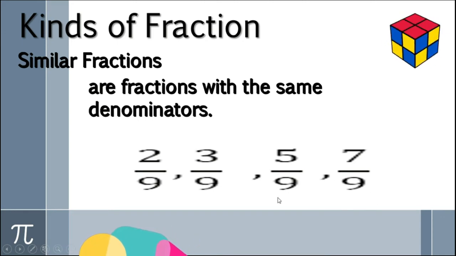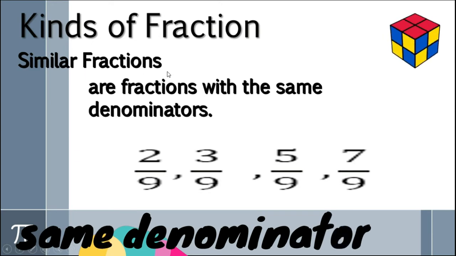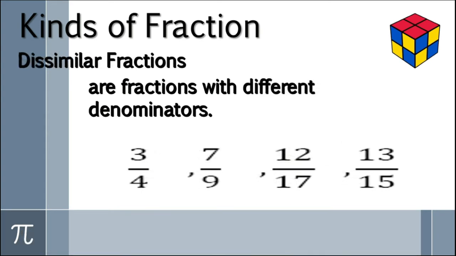Pag pare-pareho ang denominator, ito ay similar fractions. Dissimilar fractions naman, these are fractions with different denominators. Tingnan ninyo, yung number sa ilalim, yung denominator, iba-iba. Kapag iba-iba, yan ay dissimilar fractions.